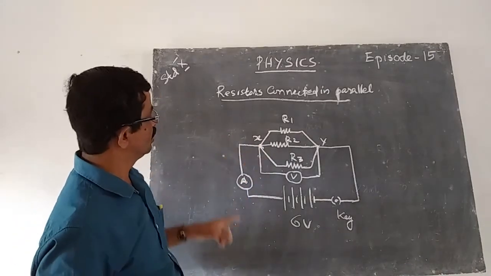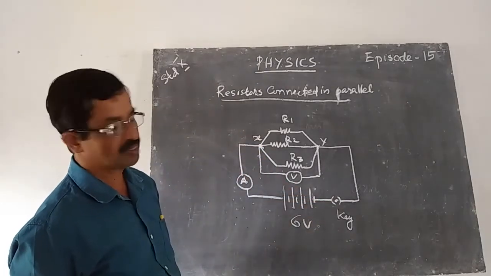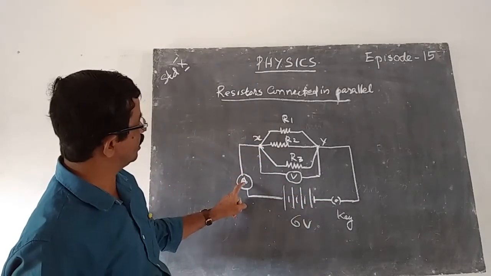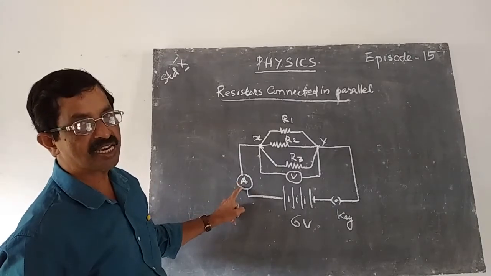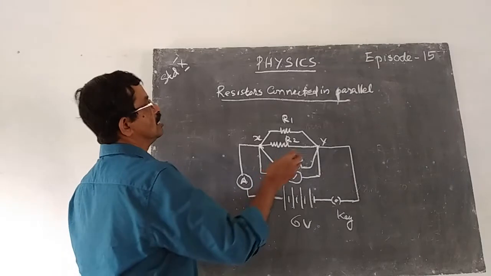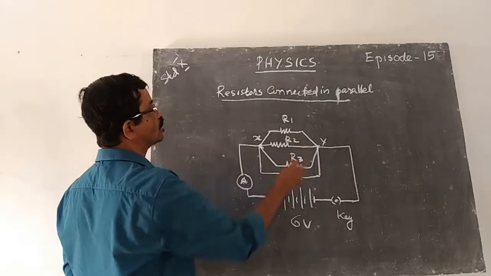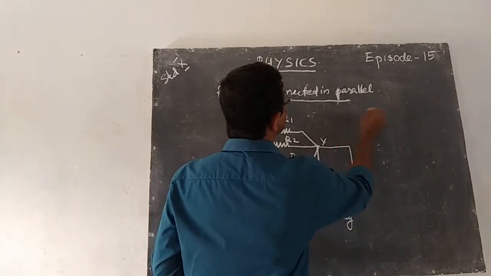Now see, when we close the key, we get a current in the ammeter. That means this ammeter is connected in series, which shows the current through the circuit.